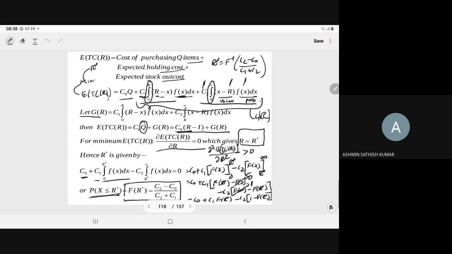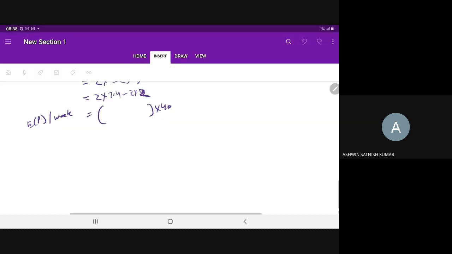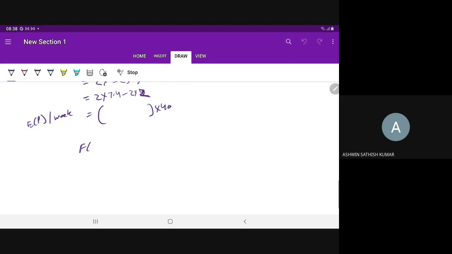Now for F of R star, you know that it is a probability. We have taken F of R star as C2 minus C naught upon C1 plus C2. Since it is a probability, it must be positive, because we know that probability always lies between 0 and 1.